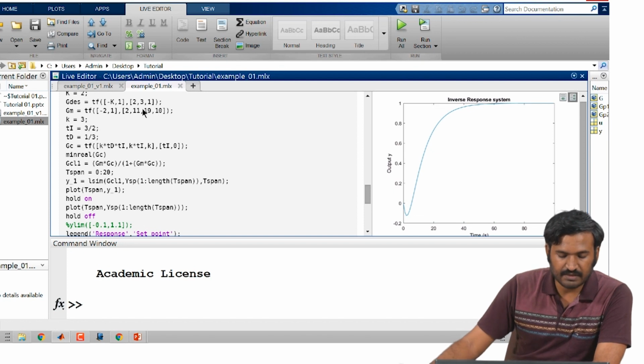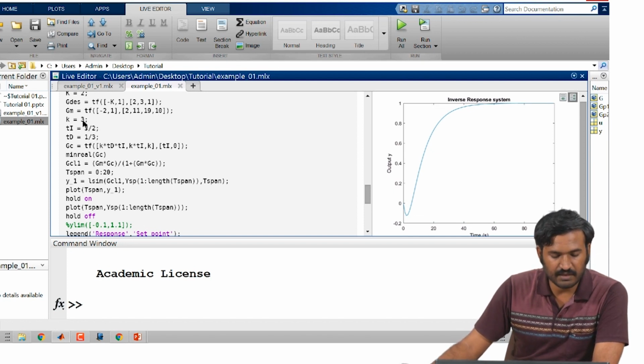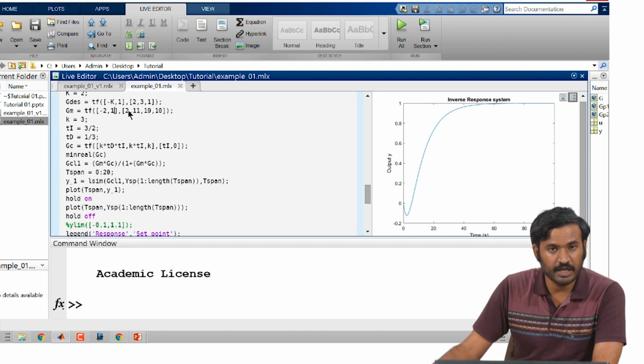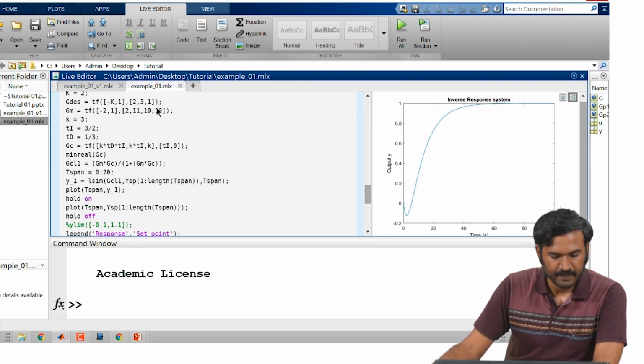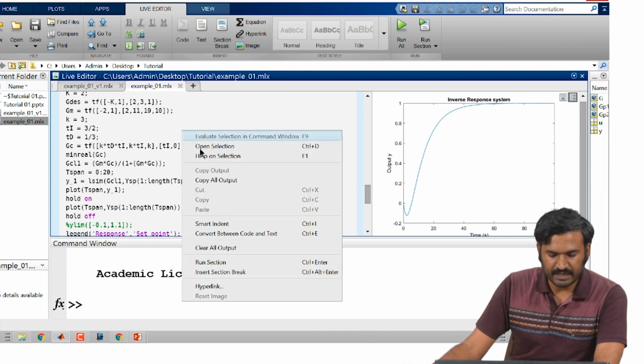So, this controller works out to have the parameters k to be 3, tau I to be 3 by 2 and tau d to be 1 by 3. So, using this controller, we are going to control the process mentioned in this model transfer function, which is 1 minus 2s divided by 2s cube plus 11s square plus 19s plus 10. Now, let's simulate and check the response.